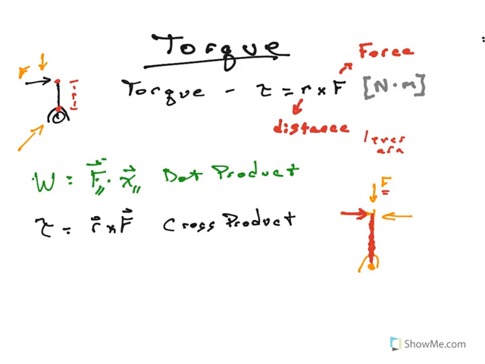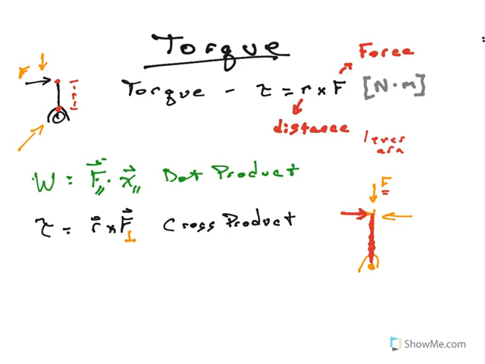It's a y force on a y distance, but that gives no torque. It doesn't rotate anything. But if I have a y distance and an x force, that does want to rotate it. So this is what the cross product is trying to tell us. You only care about how much of the force is perpendicular to the distance. That's the big difference here.